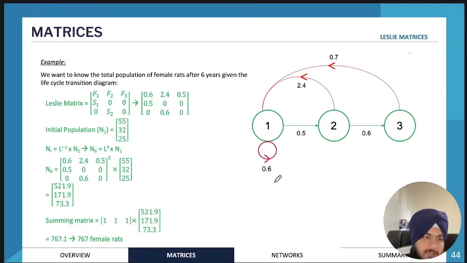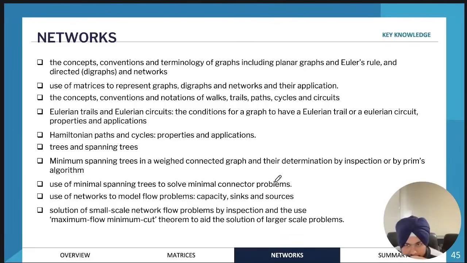Okay, so that was essentially it for matrices. Now we're going to be looking at networks, and I've also included the VCAA dot points for networks.